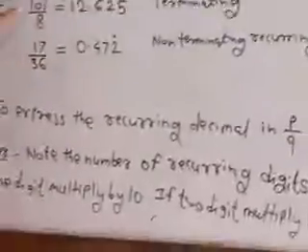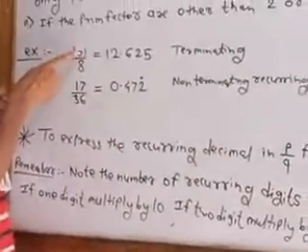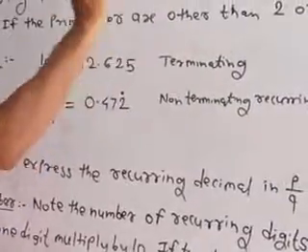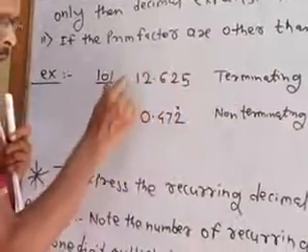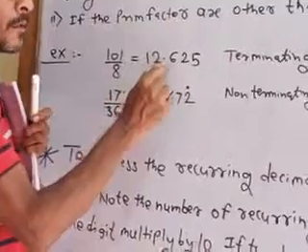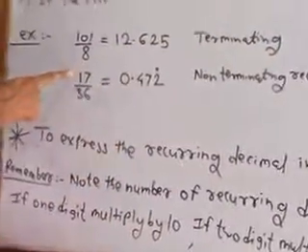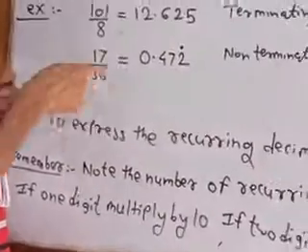So two examples are given. 101 upon 8: when we divide and solve, the answer is 12.625, so we get terminating. And 17 upon 36: the factors are 2, 2, 3, 3.